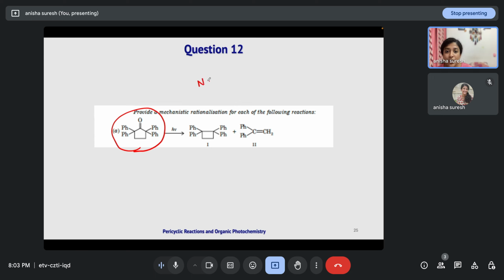This is an example of Norrish type 1 reaction.